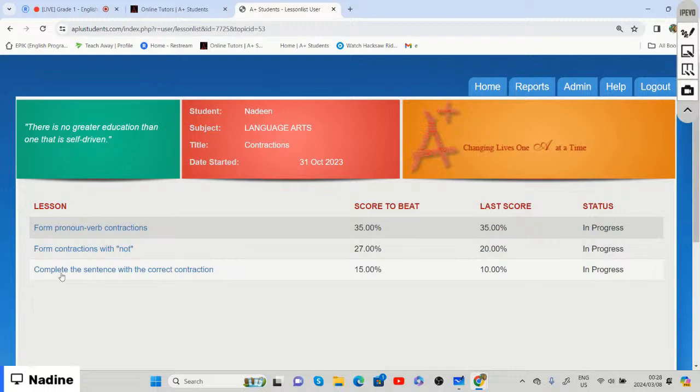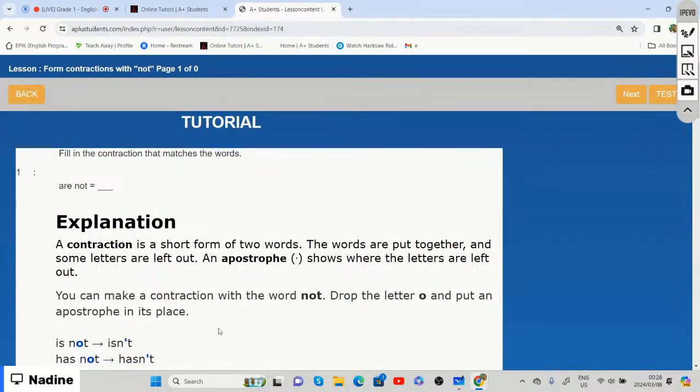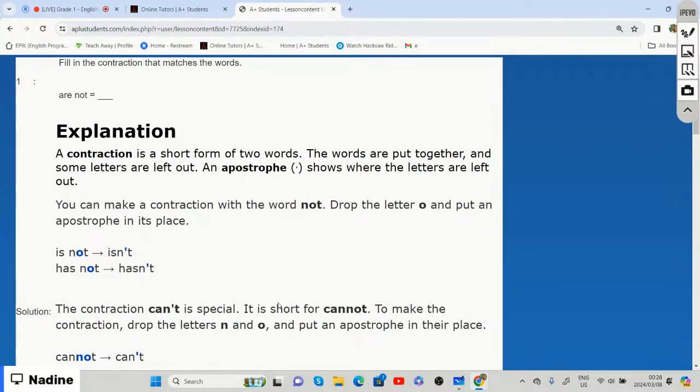So we said we need to form contractions with not, right, which is the negative contraction. And a contraction is a short form of two words. The words are put together and some letters are left out. An apostrophe shows where the letters are left out.